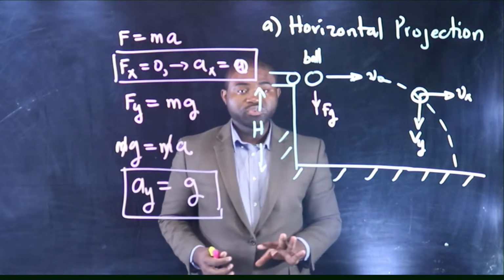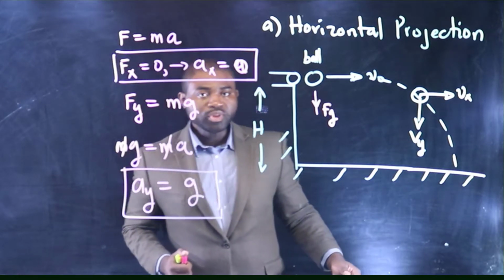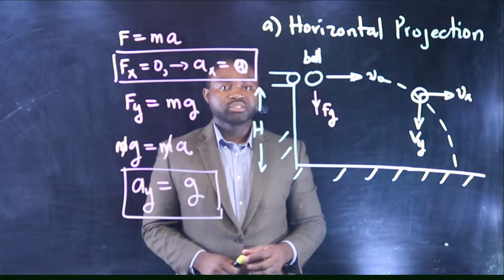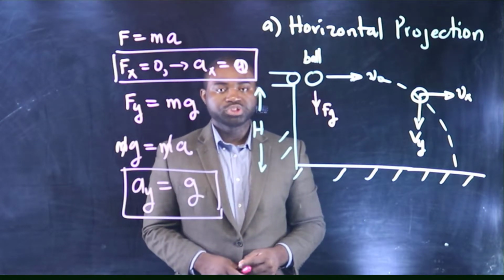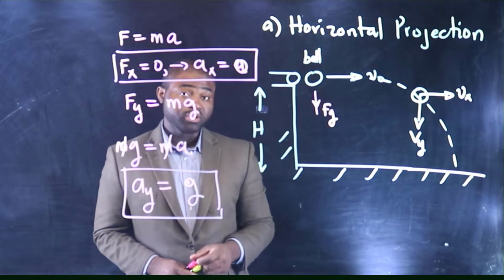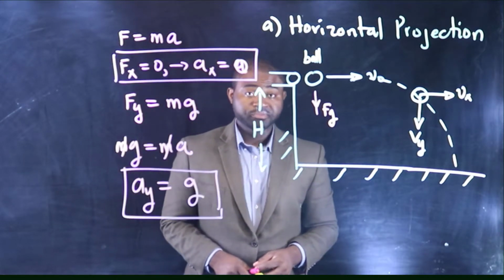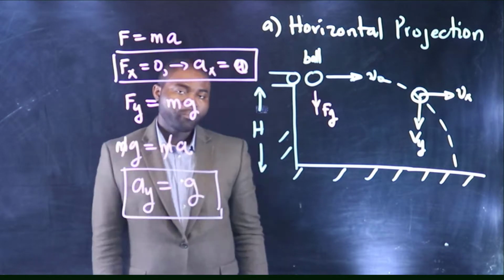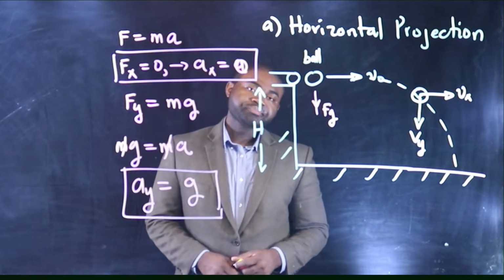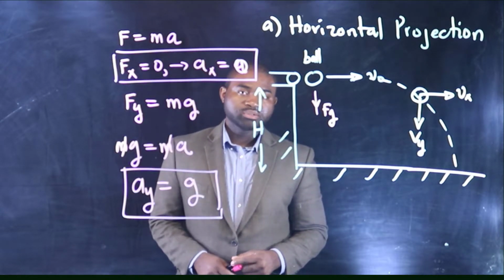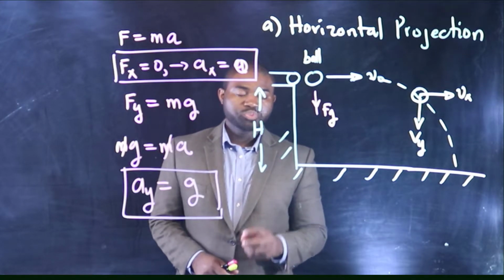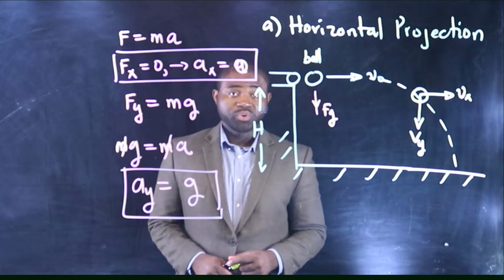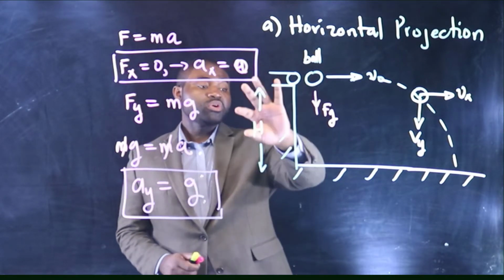But before we move on to the next lesson, it is essential that you understand that a projectile is any object whose motion is strictly under the control of gravity. So throughout this lesson, we will look at objects whose motions are strictly under the control of gravity. We will consider objects launched horizontally.